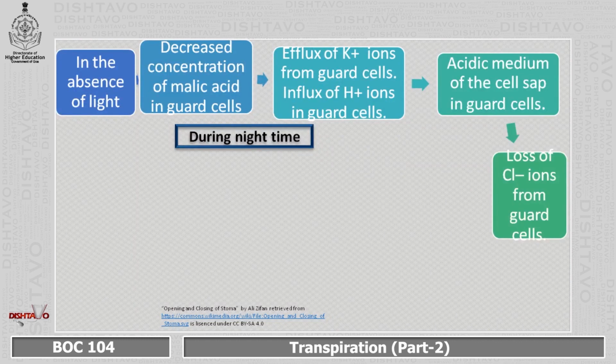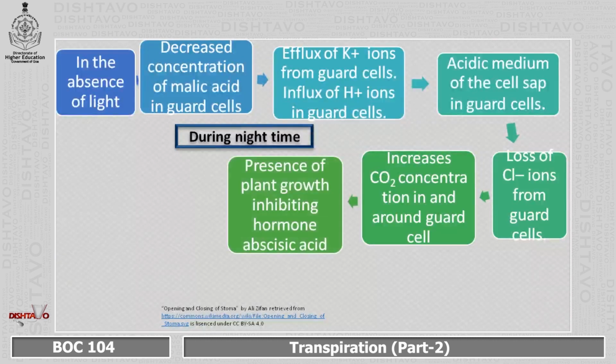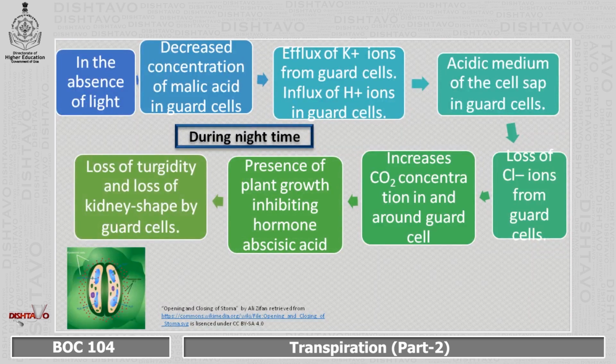Along with the efflux of potassium ions, there is loss of chloride ions from the guard cells. It increases the carbon dioxide concentration around the guard cells. This is because there is no photosynthesis, and also there is respiration which is taking place. In the presence of the plant growth inhibiting hormone, that is abscisic acid, there is loss of turgidity and thus leading to the loss of kidney-shaped guard cells. It leads to the closure of the stomatal pore.